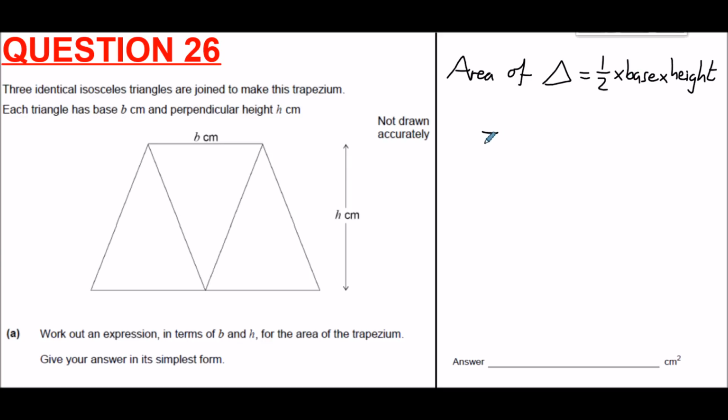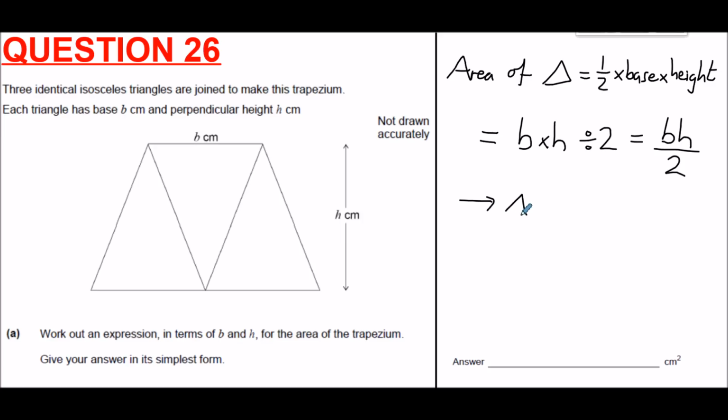Each triangle has base b and height h, all divided by 2. In algebra, b times h we can just write as bh, and divided by 2 we write as over 2. So that's the area of one triangle.